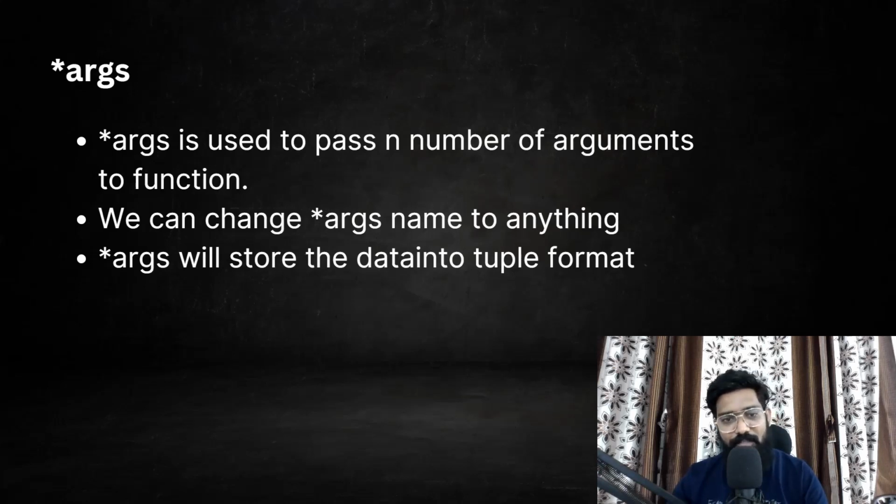We can change the name of asterisk args, but the asterisk, or star, is mandatory. So we can give any name to the args. This args will store the data in tuple format internally.